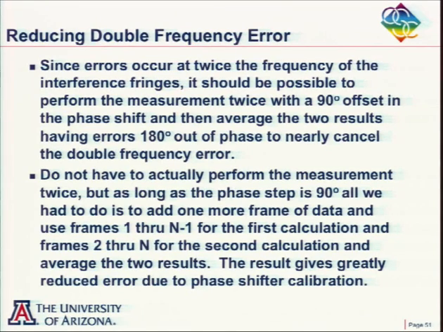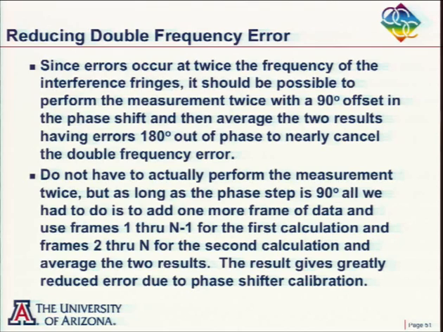Double frequency, double phase, okay? So I take 2 measurements with a 90-degree offset in the phase shift and then average the 2, then I will tend to average out this error because the errors in these 2 measurements are out of phase by 180 degrees. Isn't that nice? Doesn't that sound good?